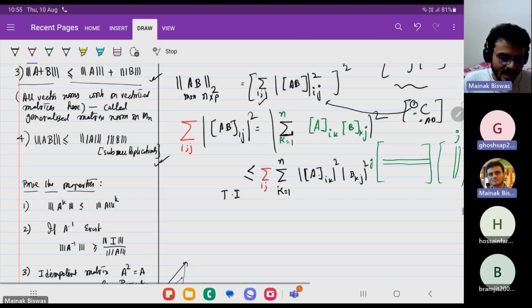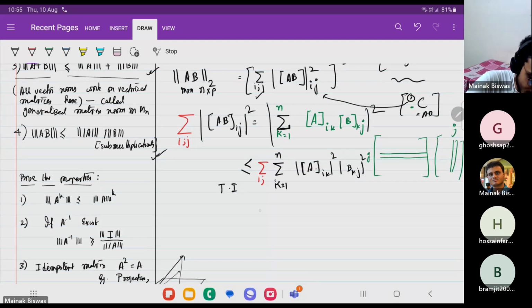So if I sum this over i, j, can I do something like this? You will tell me if I'm allowed to do this: i comma k, and j comma l.